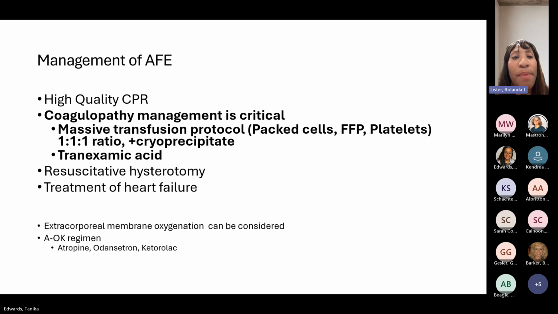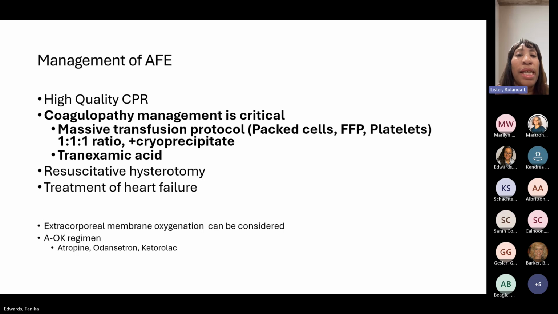The mainstay treatment is correcting the coagulopathy with transfusion of packed cells, FFP, platelets, cryoprecipitate in a 1:1 ratio, tranexamic acid, CPR, even things like ECMO has been used in certain case reports with success.